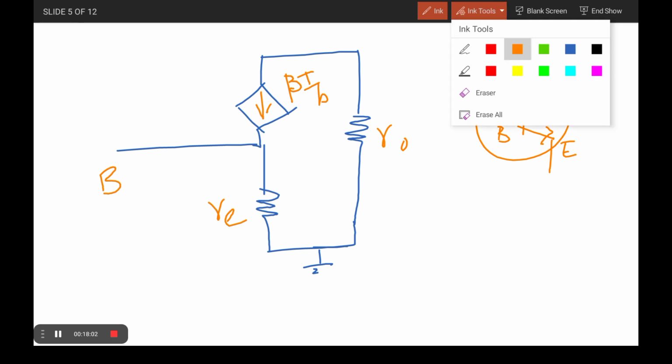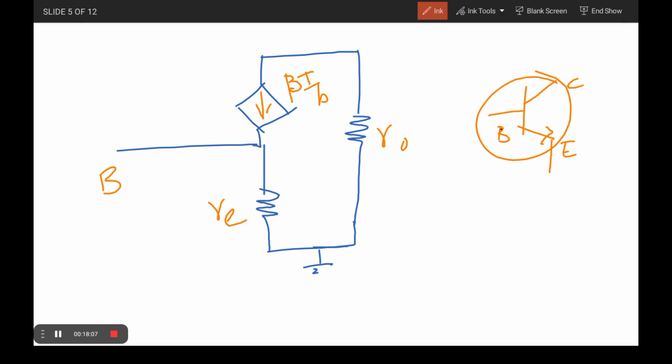Why can it be represented like this? This is base and emitter. If you take an NPN transistor, this region represents a PN junction diode nature. The input side represents a PN junction diode, which is also a kind of resistive nature. Therefore it can be represented as some resistive nature.